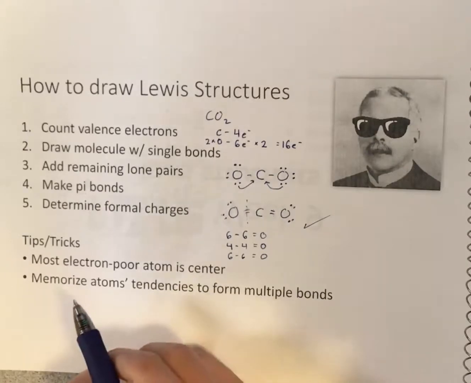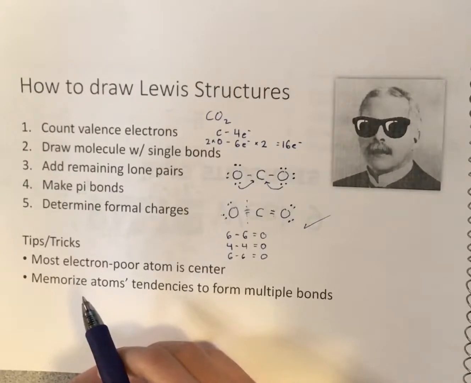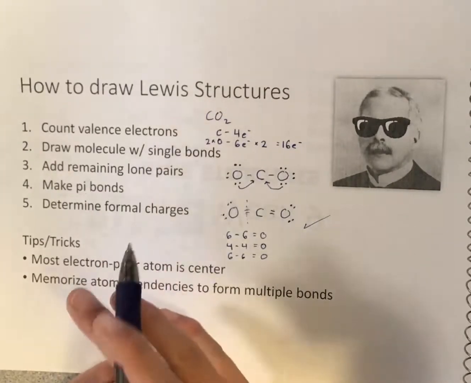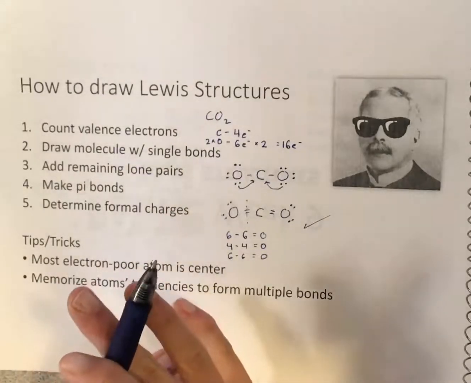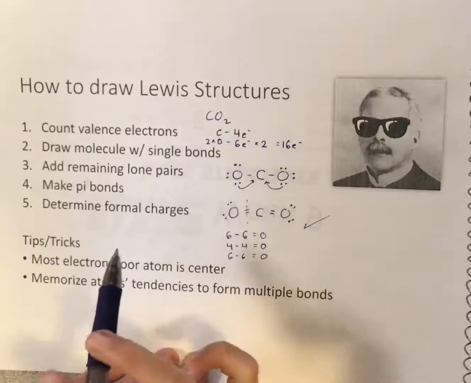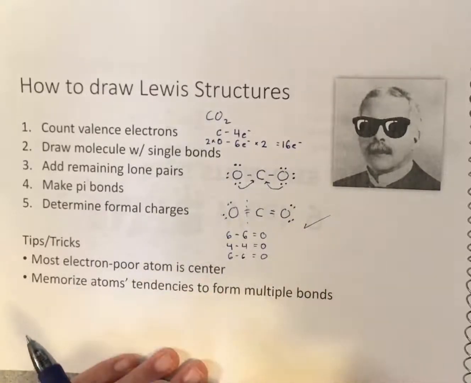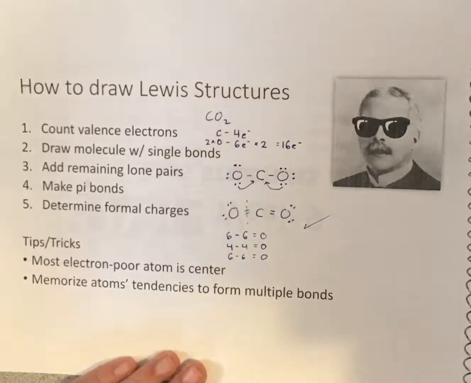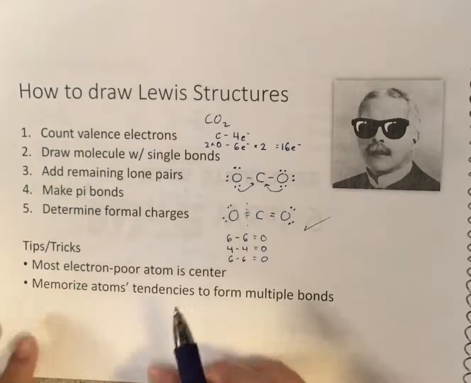You're going to become really, really familiar with carbon and oxygen, and probably nitrogen as well. Carbon likes to form 4 bonds. That's just a pretty hard and solid rule. Carbon will pretty much always form 4 because it has 4 valence electrons. Oxygen will almost always form 2. Oxygen is a little bit more likely to have charges on it, but that's just something that you can memorize.